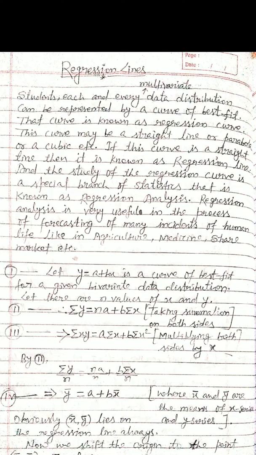But the difference in the discussion of regression line is that there are two different variables, in which one variable is dependent and another is independent. If we generalize this, we get more than two variables.